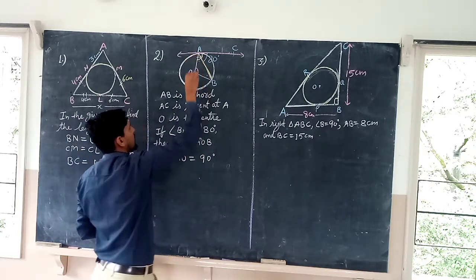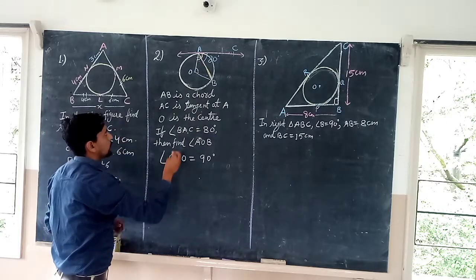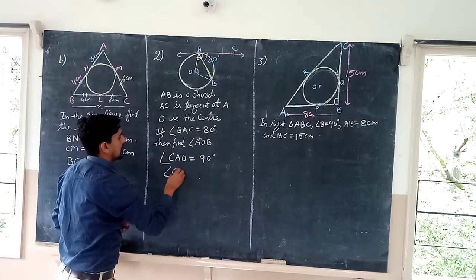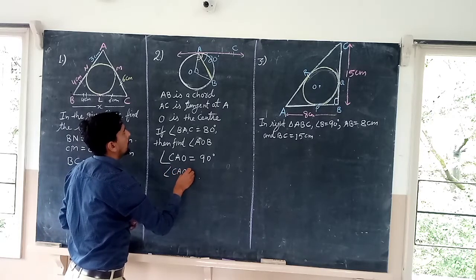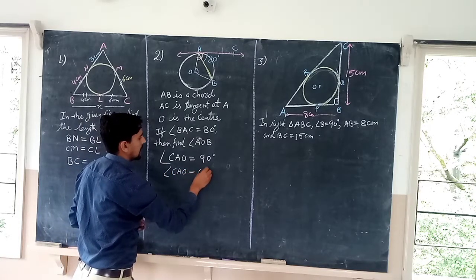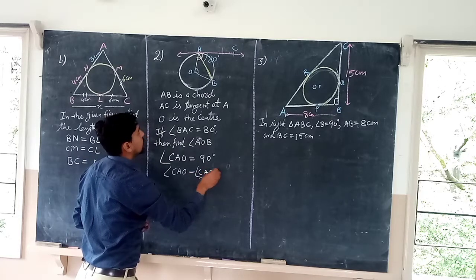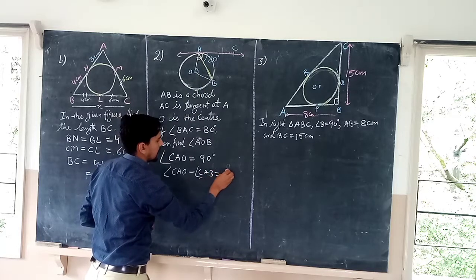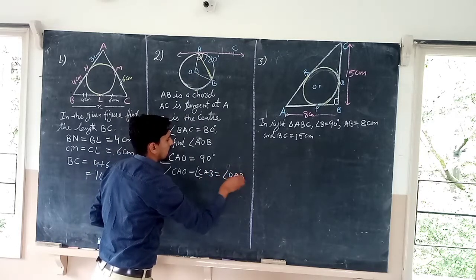That means to find out this angle, we have to subtract CAO minus CAB, which will give you angle OAB, right?